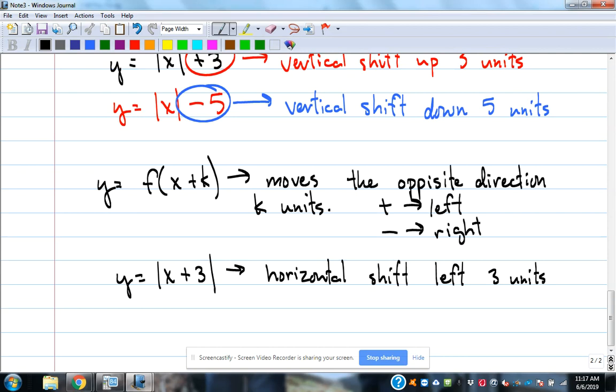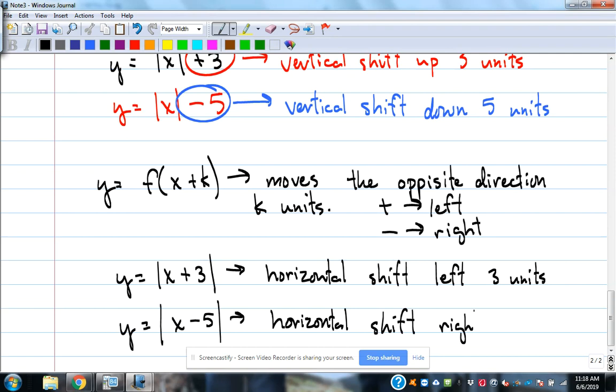If we had y equals the absolute value of x and we put the minus 5 on the inside, that's going to be a horizontal shift right 5 units. Inside is horizontal, outside is vertical.